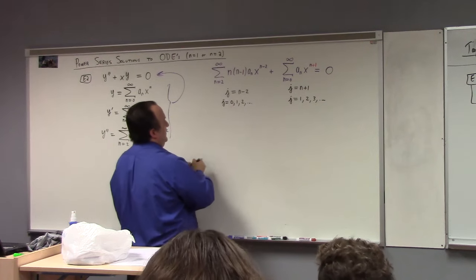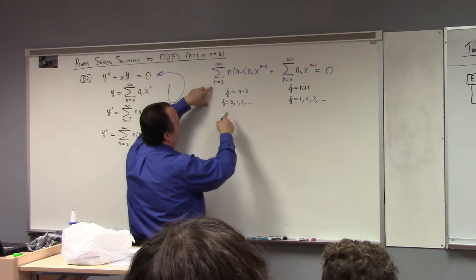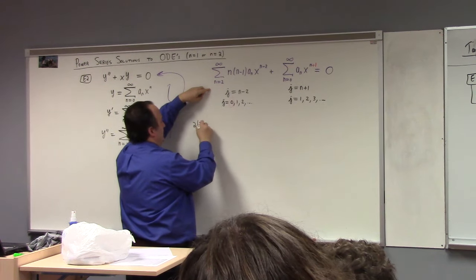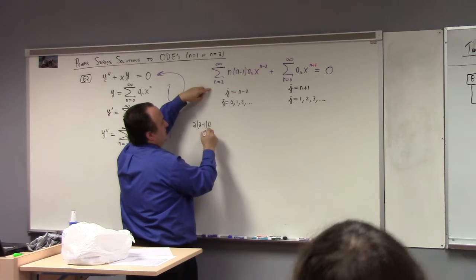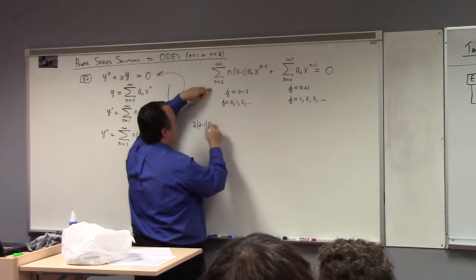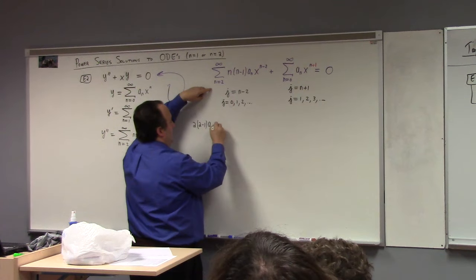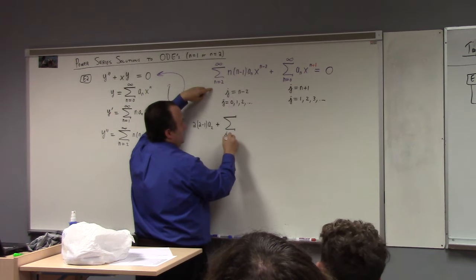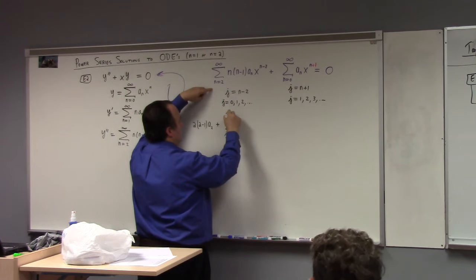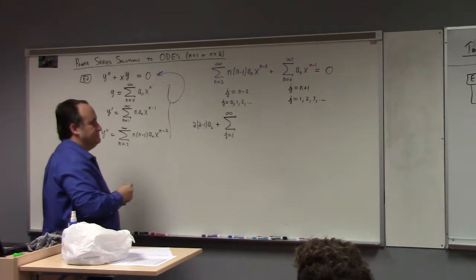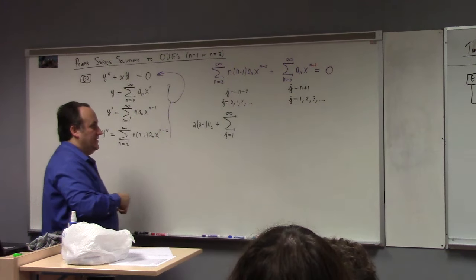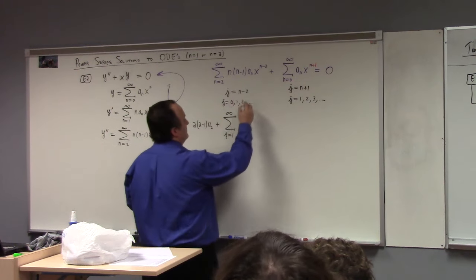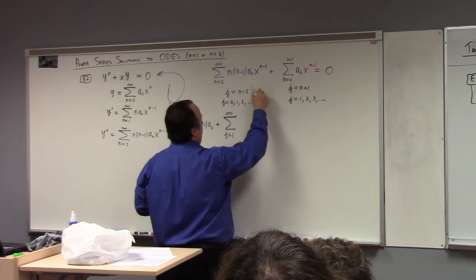So we just write it over, j equals 0, corresponding to n equals 2. We get 2 times 2 minus 1 times a sub 2, and then plus the sum, j equals 1 to infinity. Now, if j equals n minus 2, what's n equal to? j plus 2.